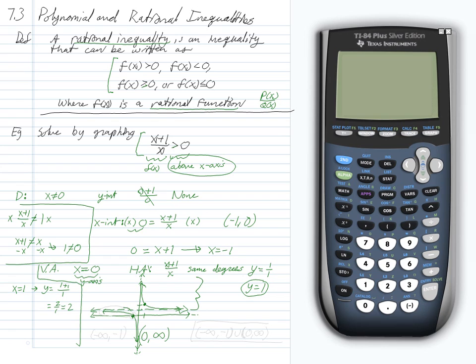And then this little piece over here that is stuck between the horizontal asymptote and the horizontal axis is also positive. It's also above the axis, so we would say negative infinity up to -1. That's where we crossed. So our solution, just to write it all out, negative infinity to -1, union 0 to infinity.